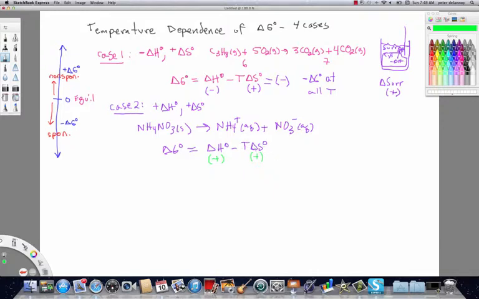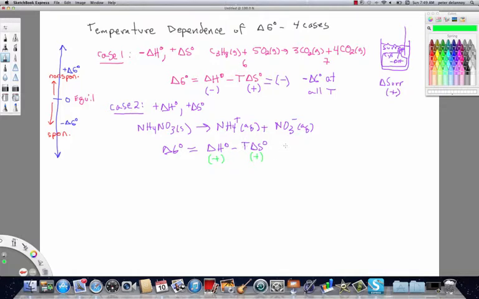Since the delta S is positive here, and we have essentially a minus sign here, this is the same thing as saying plus -1 times this product. This end of our difference is always going to be negative, but the magnitude of the negativity is going to depend on what the temperature is.